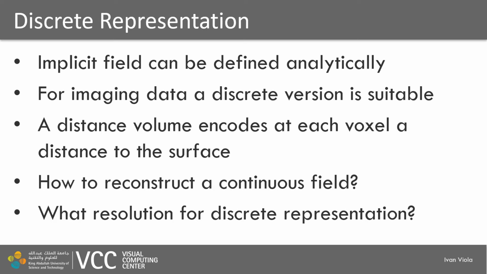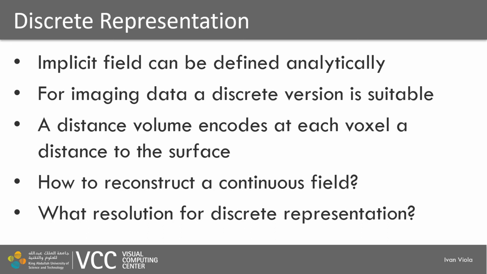Why is this interesting if we have all the data available analytically anyway? Well, for a lot of mathematical surfaces we do have an opportunity of an analytical representation. But this is not generally the case. Sometimes we will perform scanning of a certain object, let's say in a medical context, an anatomical scan of a human body, and then we would like to create a distance representation, an implicit representation of a certain organ, for example.